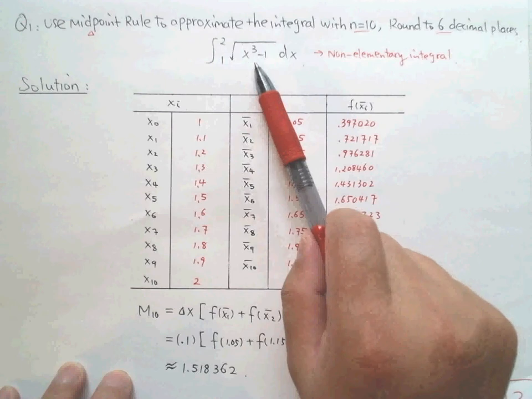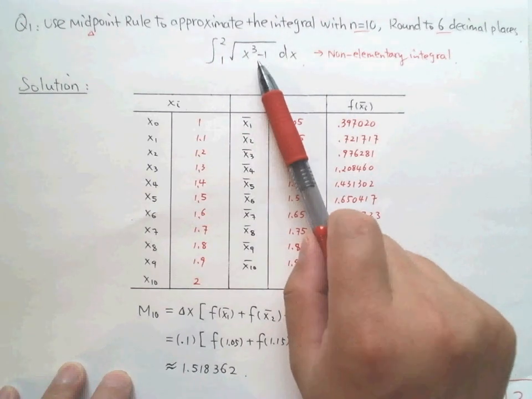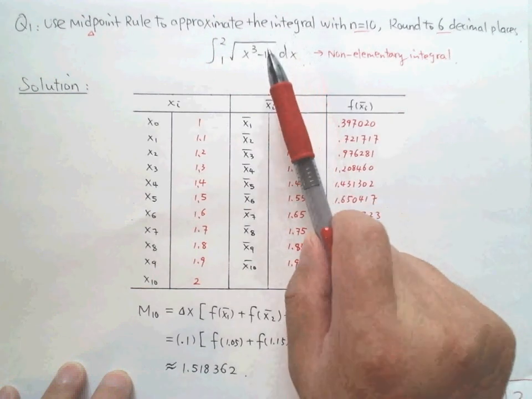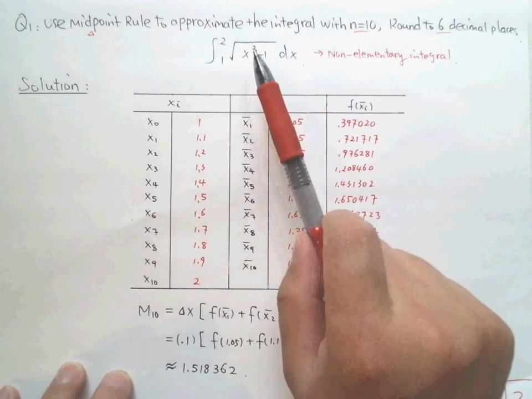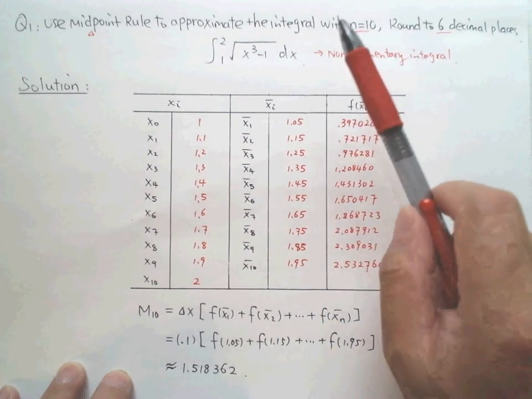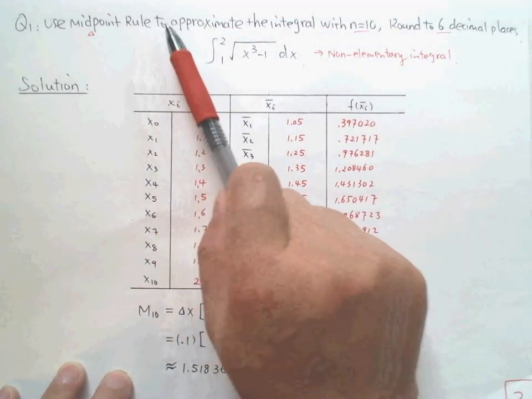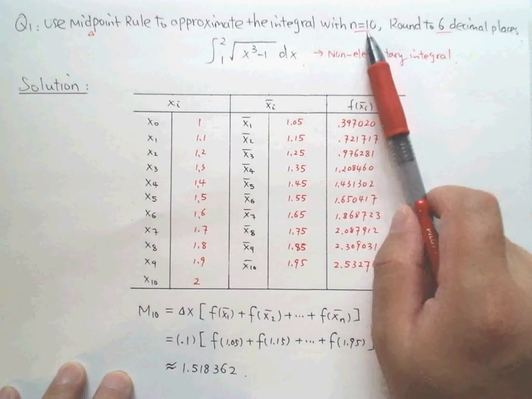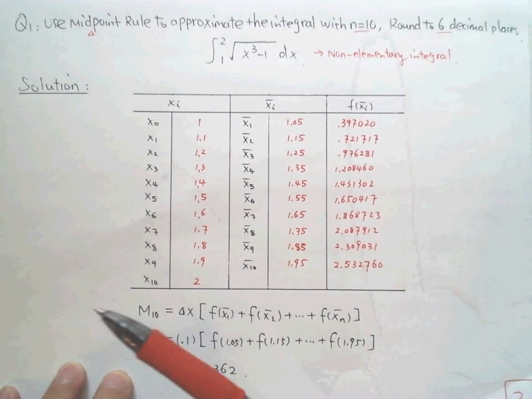It means you cannot find the exact value using the fundamental theorem or find the antiderivative, which is impossible. Now do the midpoint rule to approximate the integral with n equals 10, meaning 10 rectangles, rounded to 6 decimal places.